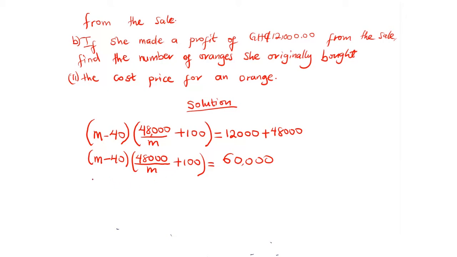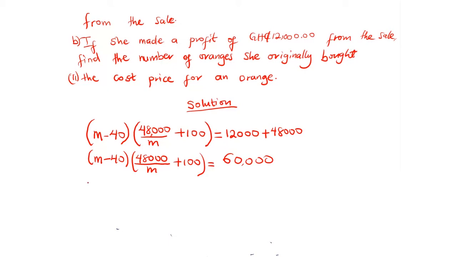Okay. Then when we reach here, we can now expand our brackets. So it means that we are multiplying everything inside the first bracket by the contents of the second bracket.